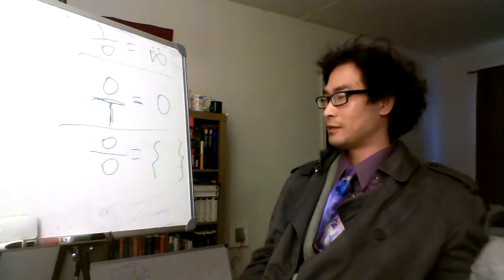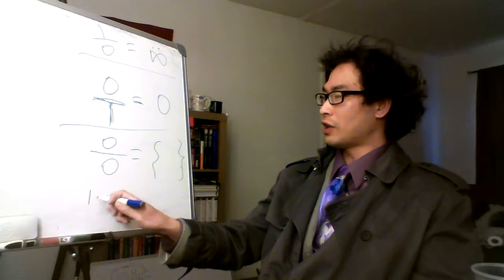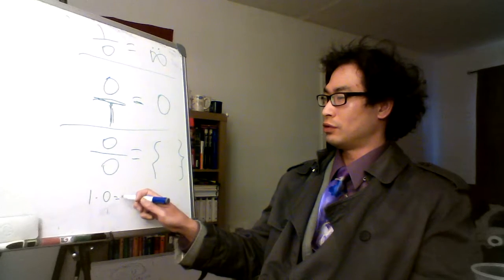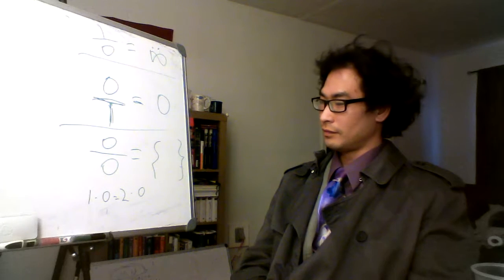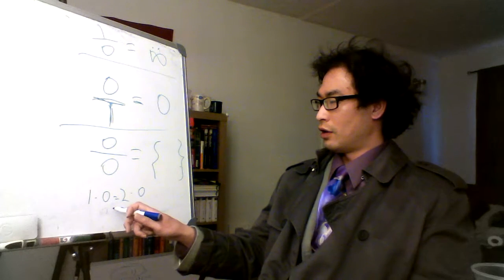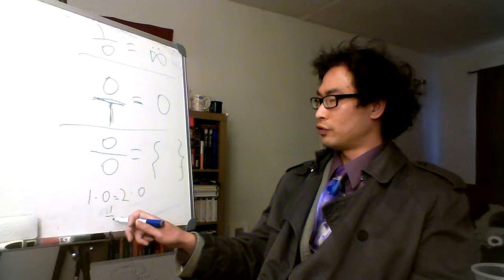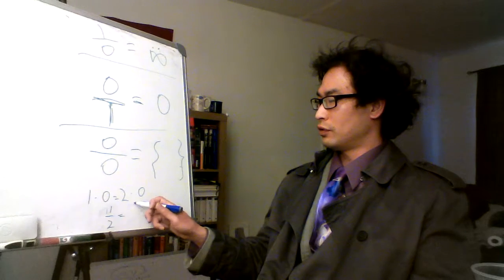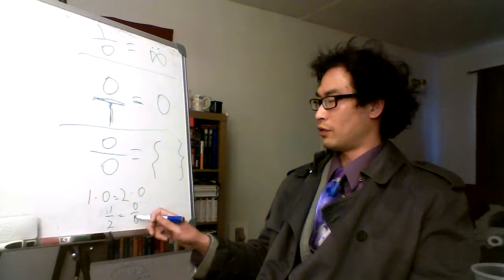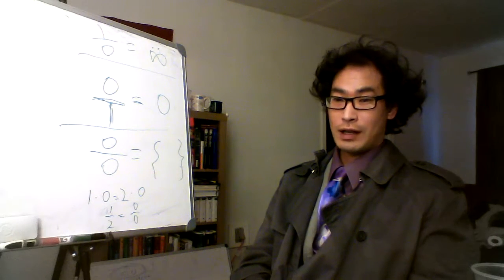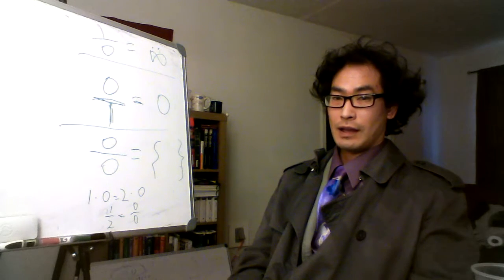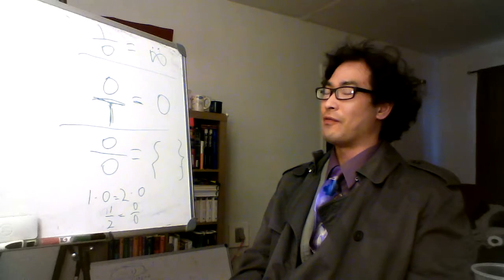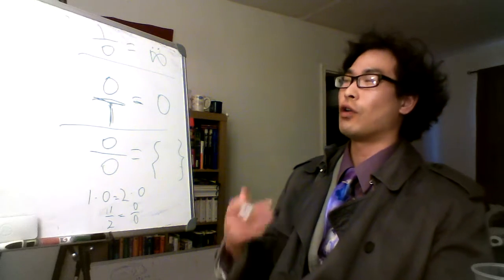Why? It's because of this. 1 times 0 is equal to 2 times 0. Okay? You pass it over. 1 over 2 is equal to 0 over 0, right? Why? Because this guy, 0 over 0, absorbs everything. It can equalize everything.